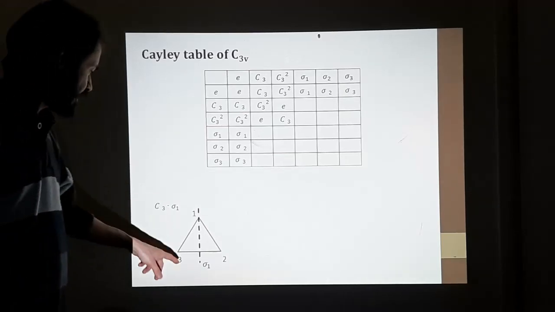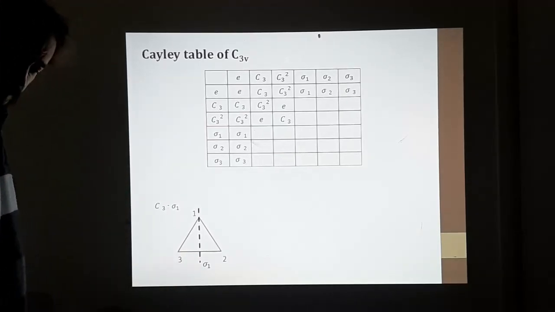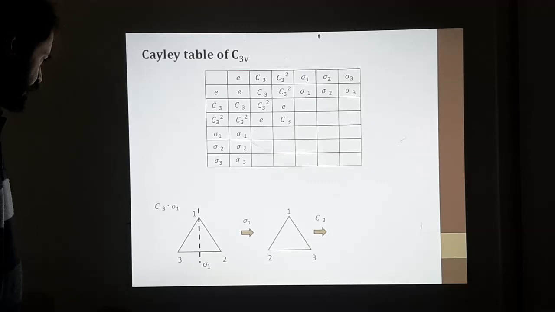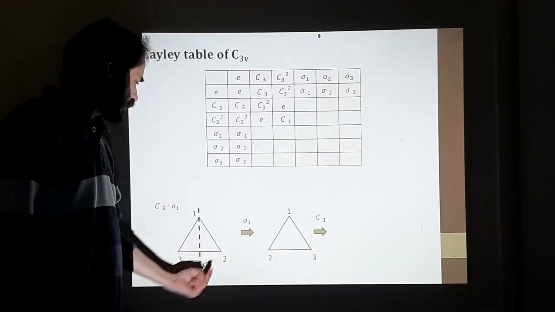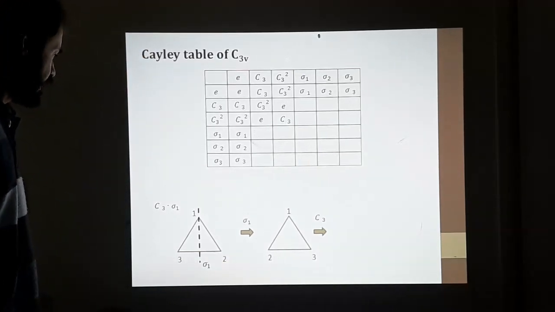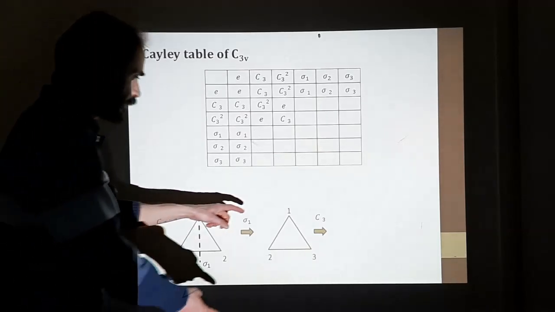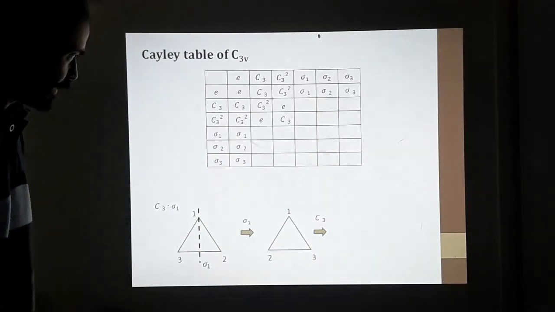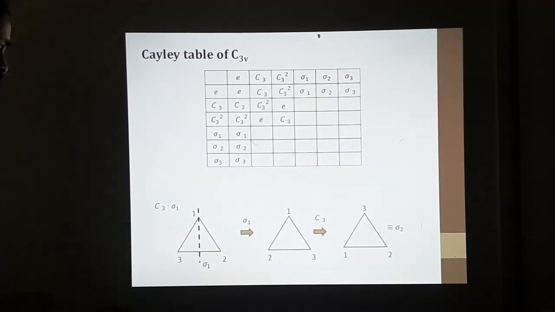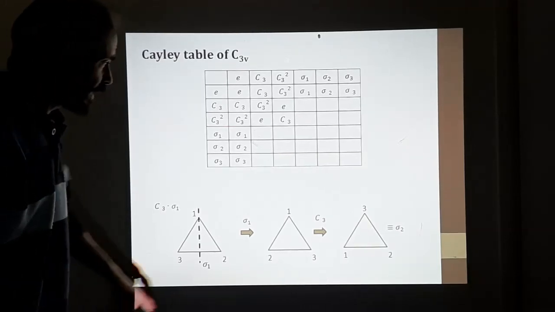So first I apply sigma 1, which inverts the vertices 2 and 3. And then we rotate by C3.